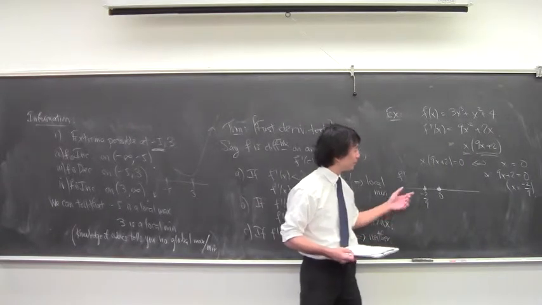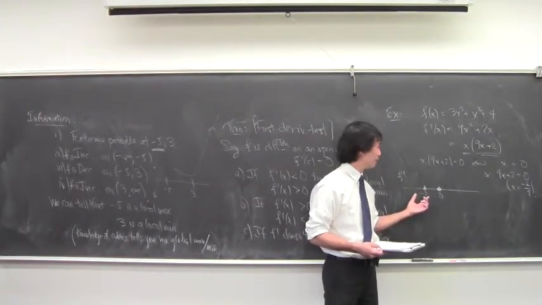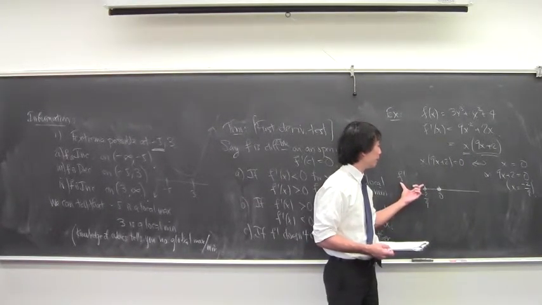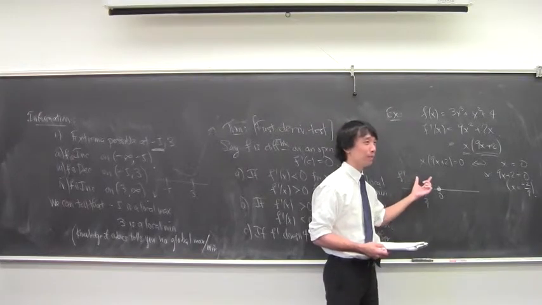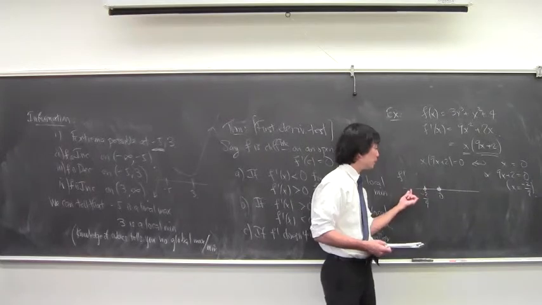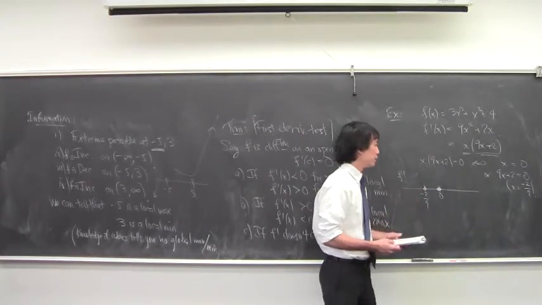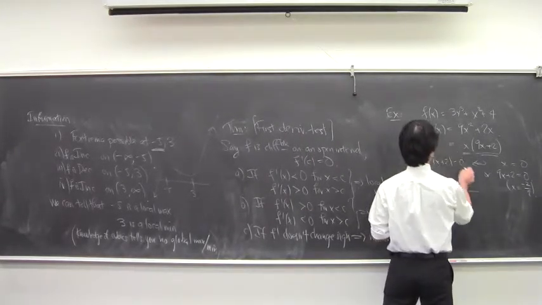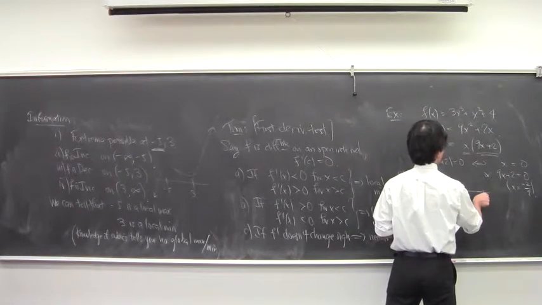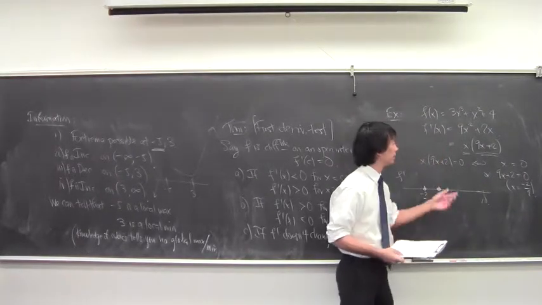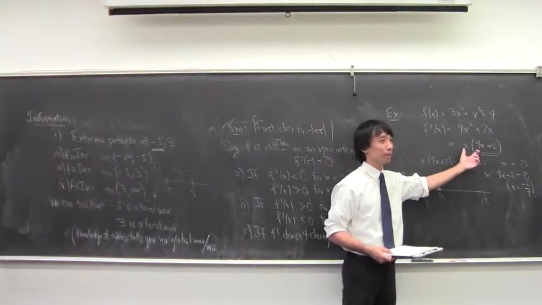You remember this is the pre-calculus game. You say, well, I need to figure out where f prime is positive and where f prime is negative. So you can test a point. I take my f prime and I plug in 10, let's say, and I get something positive.